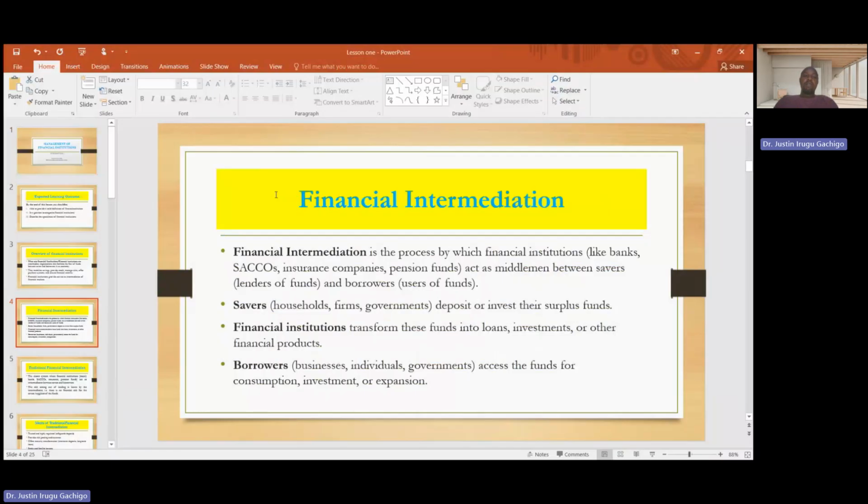So if you have surplus funds, be it a household like me and you, a firm, these are companies, or the government, they can deposit the money in these financial institutions for investment.